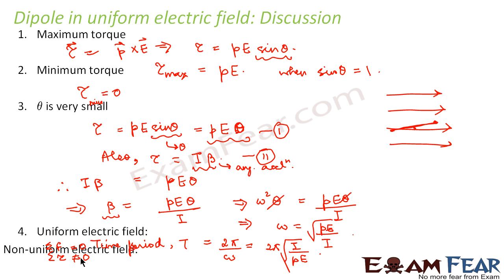Now what would happen if the uniform electric field is replaced with a non-uniform electric field? In a non-uniform electric field, the net force is also not equal to 0, and the net torque is also not equal to 0. The forces are not equal and opposite. So this was all about the torque experienced by a dipole when placed in a uniform electric field.